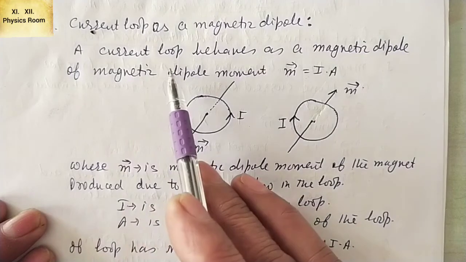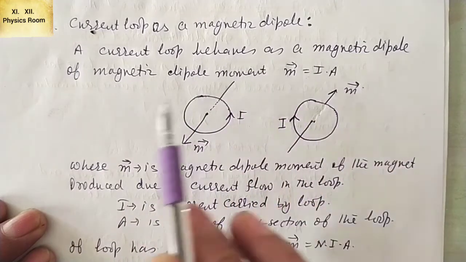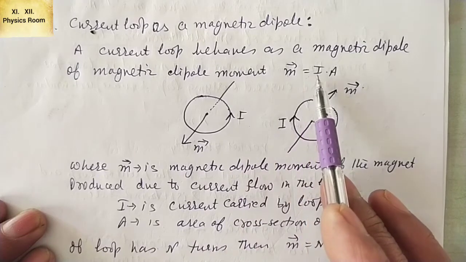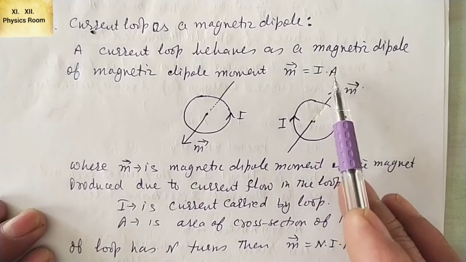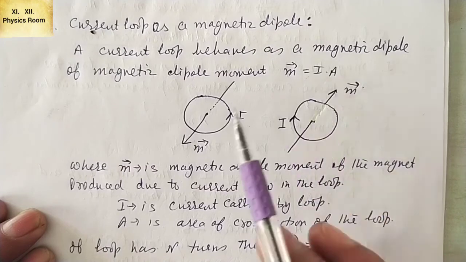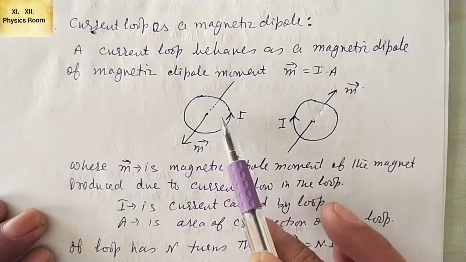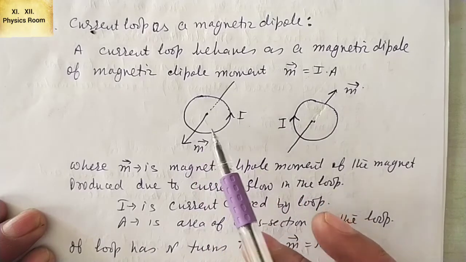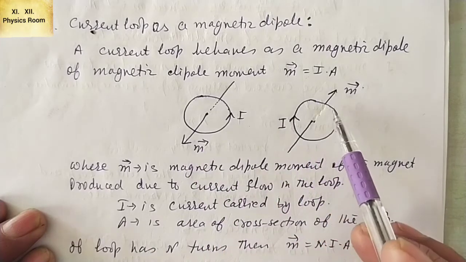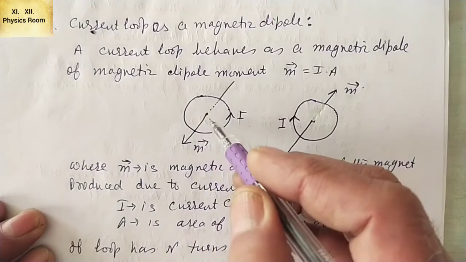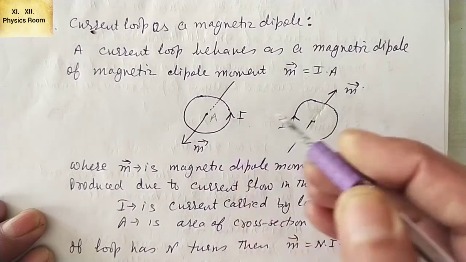A current loop behaves as a magnetic dipole of magnetic dipole moment M equal to I into A, where I is the current carried by the current loop and A is the area of cross section of the loop.